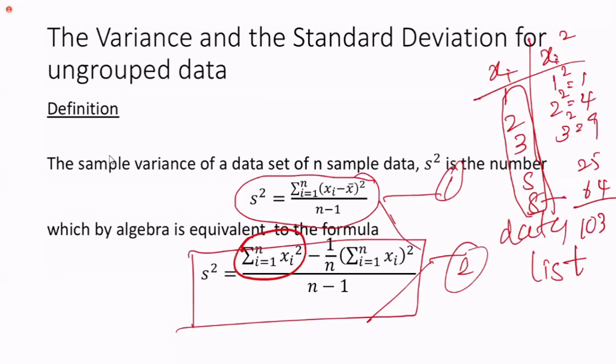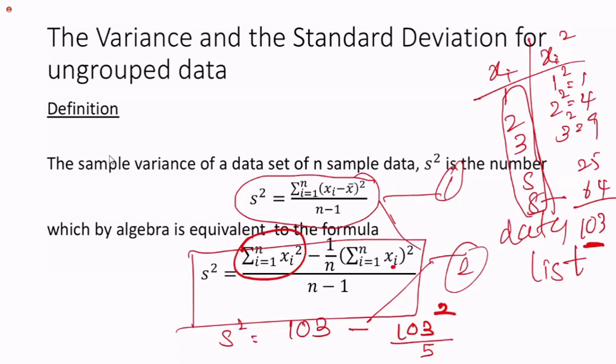Now sigma x all things squared. We will substitute these values in the formula. Sigma xi squared is 103, minus sigma xi all things squared, you have to square the 103 and it should be divided by n. Now what is n here? 1, 2, 3, 4, 5, 5 elements.